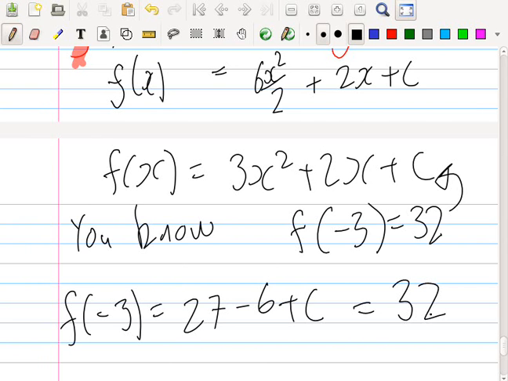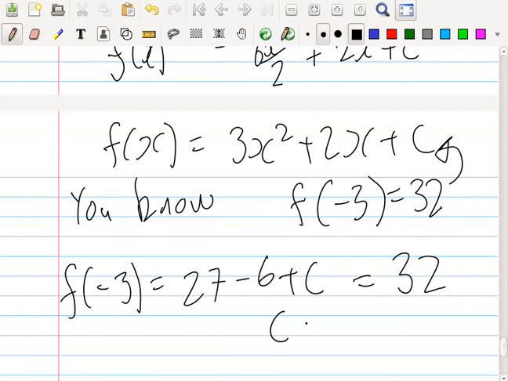You see how I got that? What did I do here? Replace the x with minus 3, and I got this. Yes? So you get c equals, what's it, 12? Hang on. 21, 9, 11. Yes? Check on your calculator.